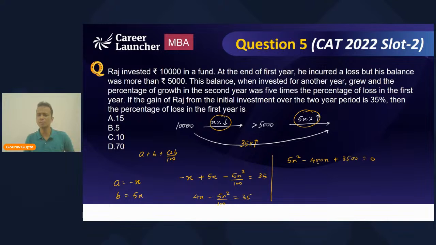I'll split 400 such that the product is 5 into 3500. How can you split the middle term?